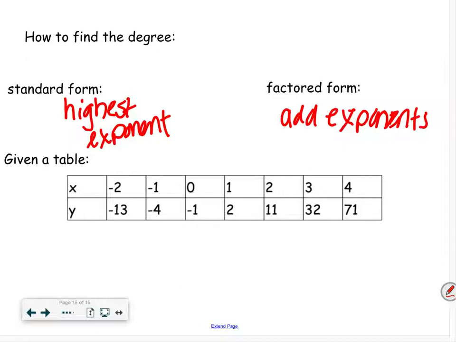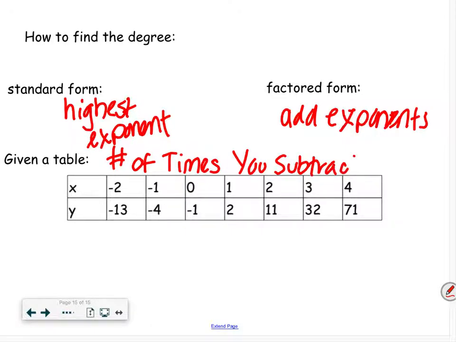Okay, to find the degree when we're given a table, you have to find the number of times you subtract. Now, that doesn't make a whole lot of sense, but it will in a quick second. Does everybody have a written note?